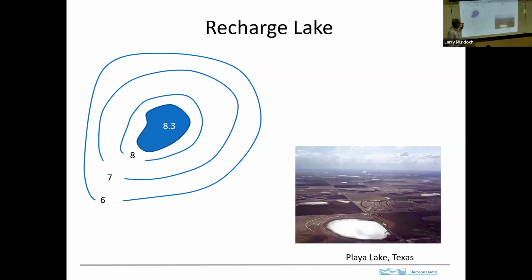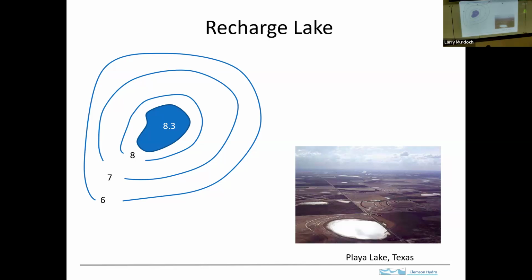So a nice example of this kind of thing is a playa lake. Here's a picture of one. And there are actually many of them here. All of these things are playa lakes. If you go on Google Earth to northern Texas, you'll see many of these things. In dry weather, they dry out and it's just a very gentle basin shape.